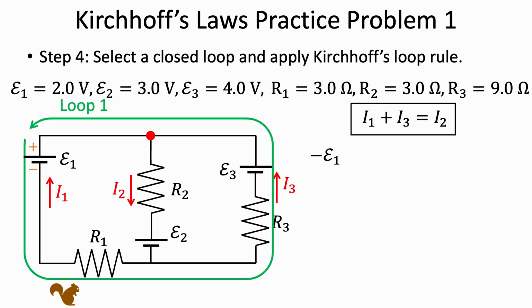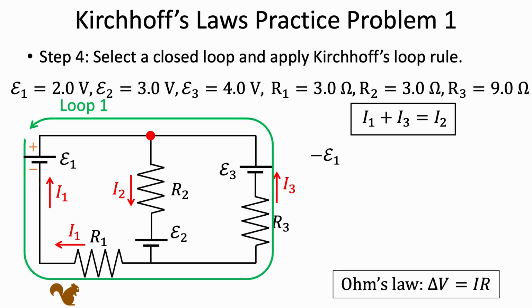There's no junction between the battery on the left and R1, making the current through R1 equal to I1. So Ohm's law tells us that the voltage difference across the resistor should be I1 times R1. Question is whether it should come with a positive sign or a negative sign. To determine this, we need to remember that current flows from a higher voltage to a lower voltage.